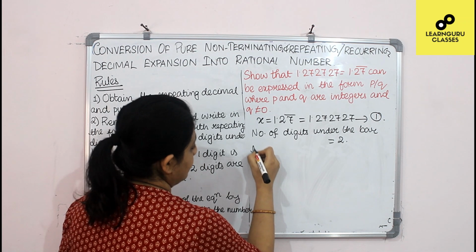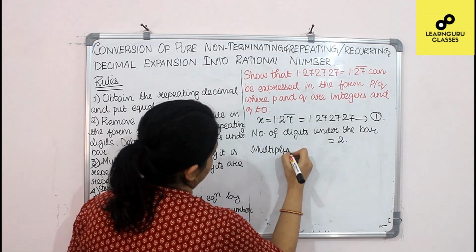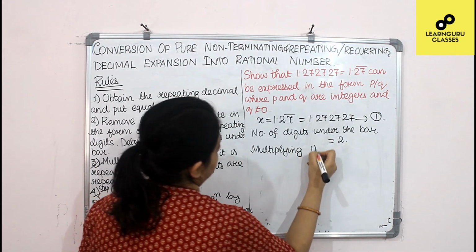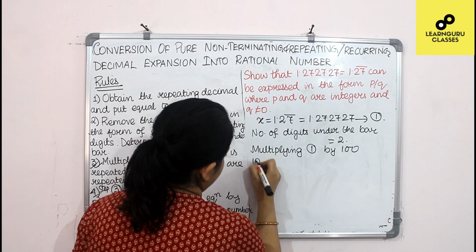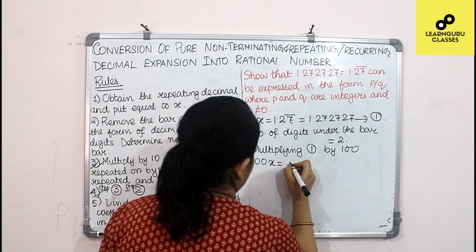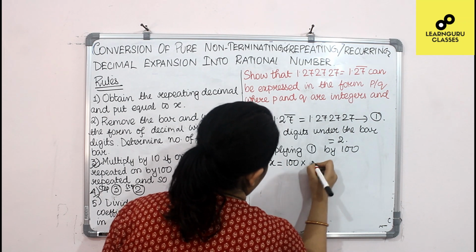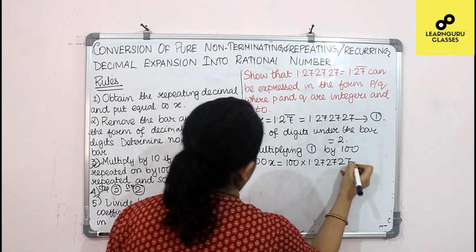So multiplying equation 1 by 100, 100x equals 100 into 1.272727.